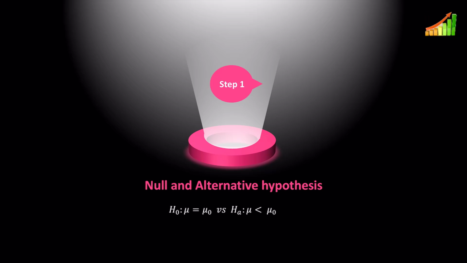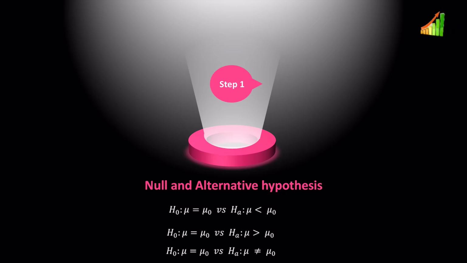So we can talk about mu equals mu naught under H naught and mu less than mu naught under HA. Or mu equals mu naught under H naught versus mu greater than mu naught under HA. The last one, mu equals mu naught versus mu not equal to mu naught.